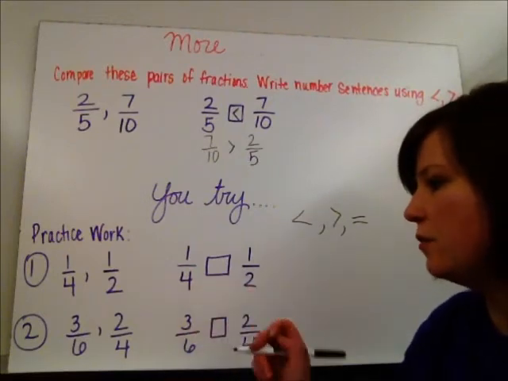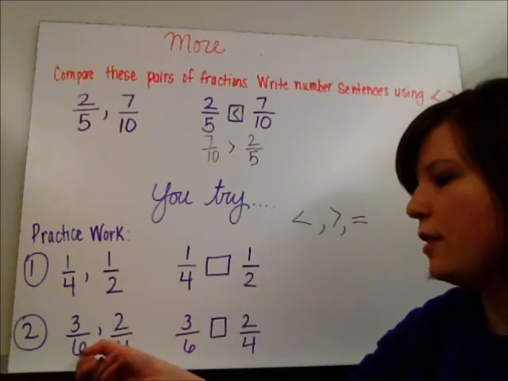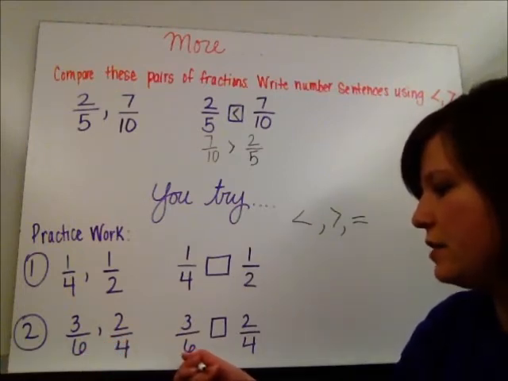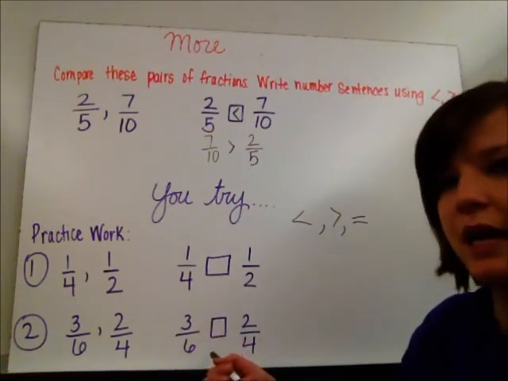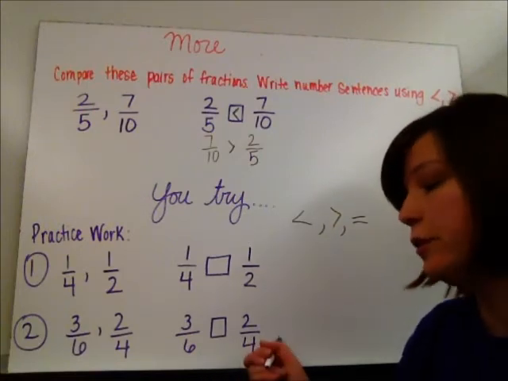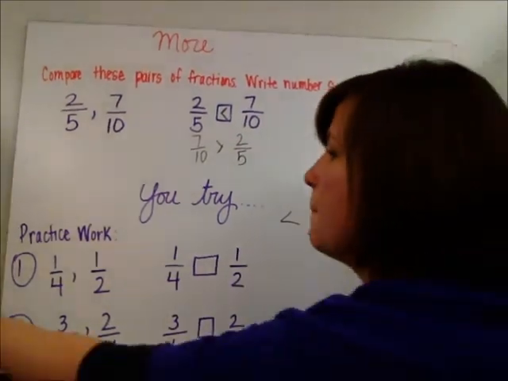Number 2, you're going to do 3/6 and 2/4. You can write it like this, 3/6 and then a blank spot or a box, or you can just leave it blank and then fill it in with either greater than, less than, or equal to 2/4. Those are your two practice problems.